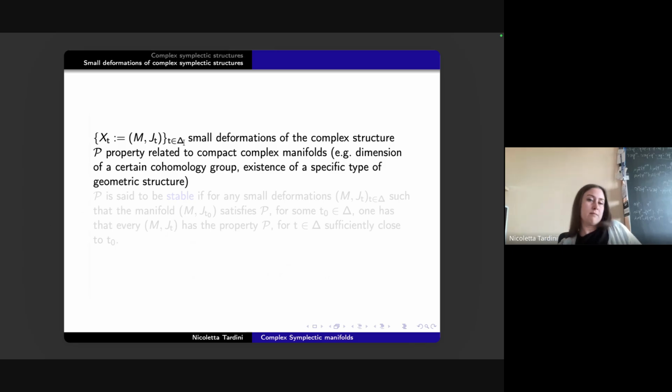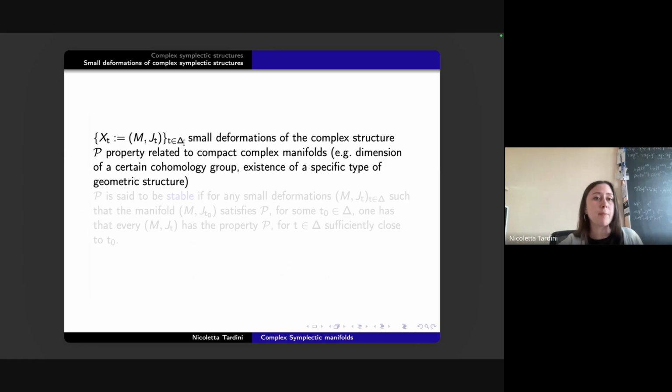If we denote with P a property related to compact complex manifolds, for instance, this property could be the dimension of some cohomology group, or the existence of a nice Hermitian metric, or the existence of a complex symplectic structure, or some other nice geometric structure.